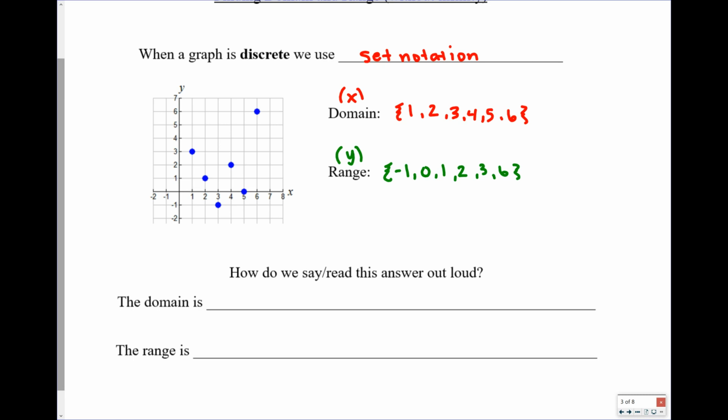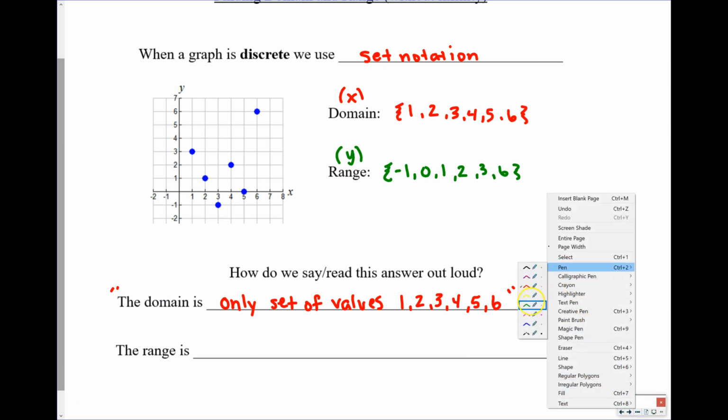So the domain in this case is only the set of, and it's really important to use the words set of because we're using set notation, the set of values 1, 2, 3, 4, 5, and 6. That's how we'd say this out loud. It's also how we'd read it.